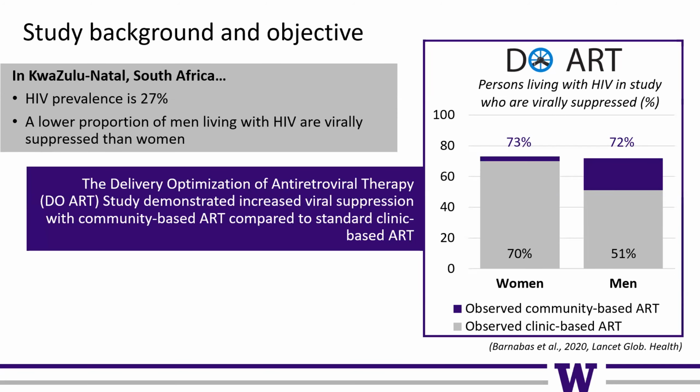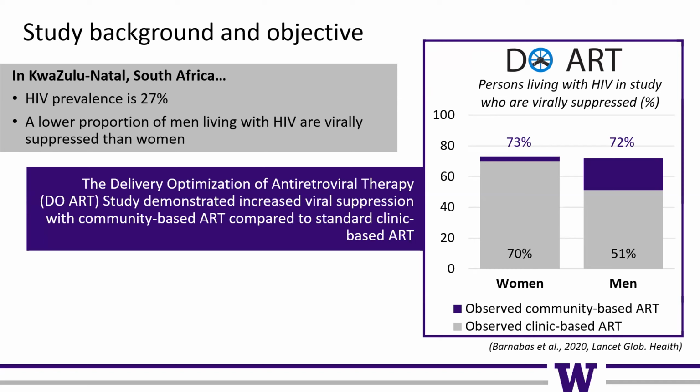The delivery optimization of antiretroviral therapy, or DO ART study, this is one that Ruanne led, recently published results demonstrating that community-based ART initiation, monitoring, and refills significantly increase viral suppression compared to standard delivery of ART in the clinic.